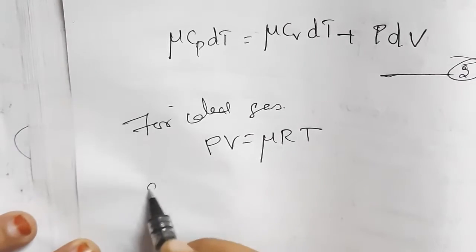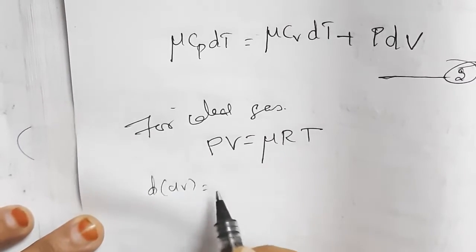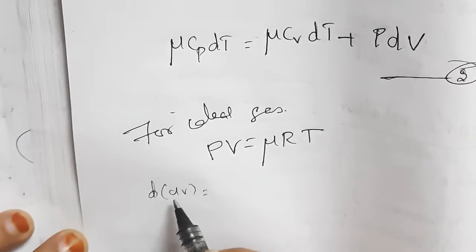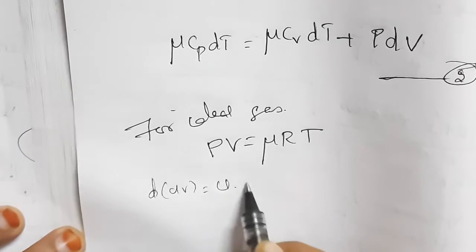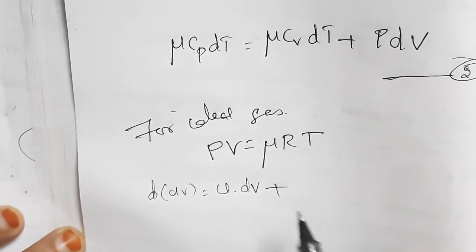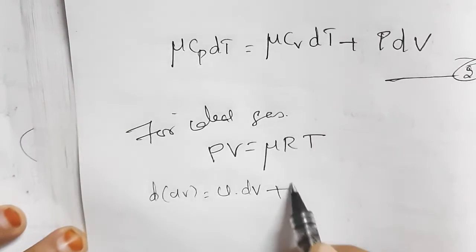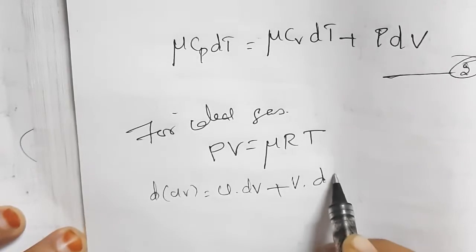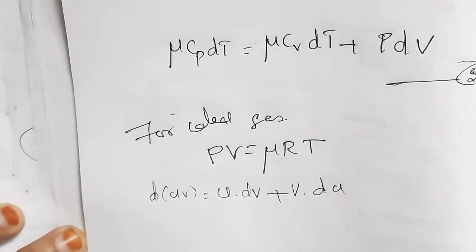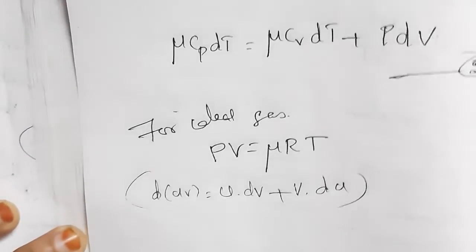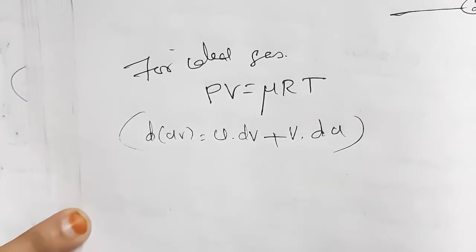When we are differentiating two variables, first you make one variable constant and differentiate the second variable, plus next the other one constant and differentiate the first variable. This is the format we have to follow. Here also we can do the same.